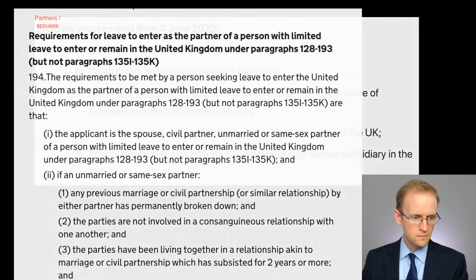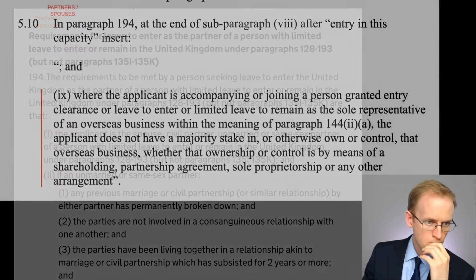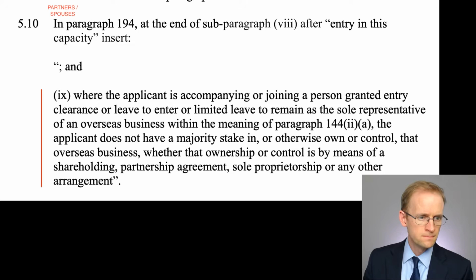And I'll just bring up the provision here, so you can see that this says, and this is in the requirements for partners, I can take you to the main requirements in a minute, but it says where the applicant, your spouse, your wife, let's say in this example, is accompanying or joining you and you've been granted entry clearance or leave to remain under the sole representative category, the applicant does not have a majority stake in or otherwise control the overseas business, whether that ownership or control is by means of a shareholding, partnership agreement, sole proprietorship, or any other arrangement.